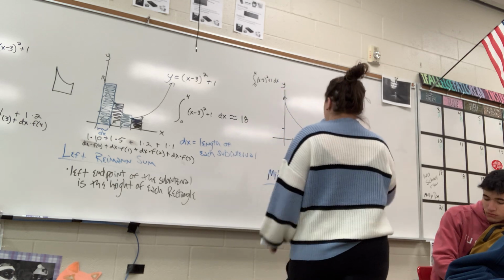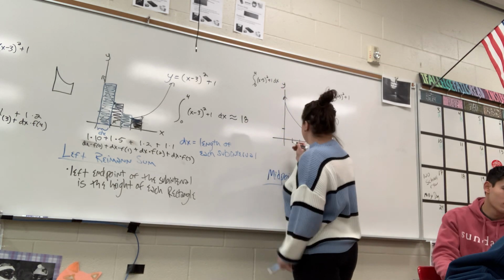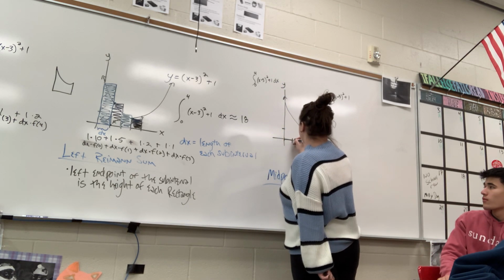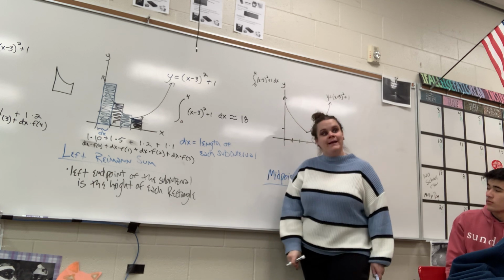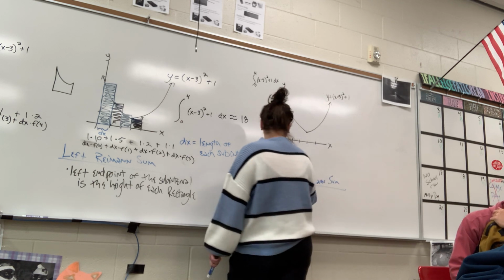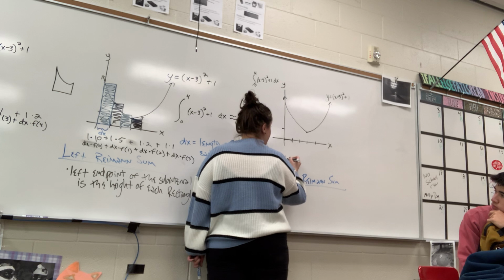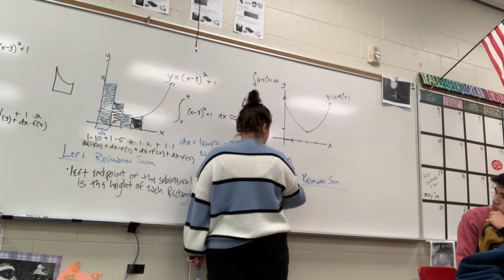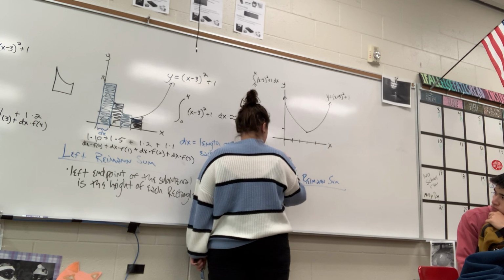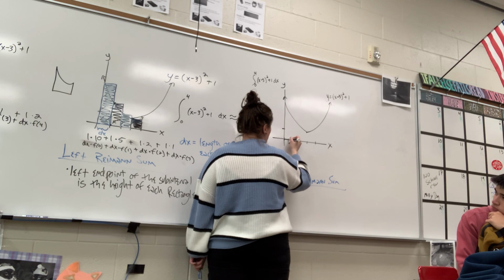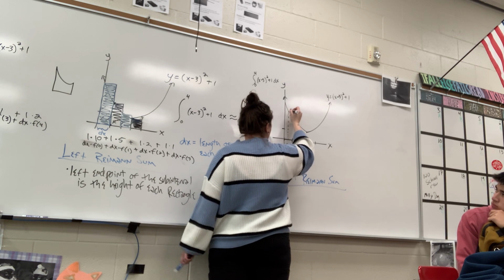So when I'm doing this first point here, instead of plugging in f of 0 or f of 1, I'm plugging in f of 0.5 or 1/2. But notice my dx is still 1, right?